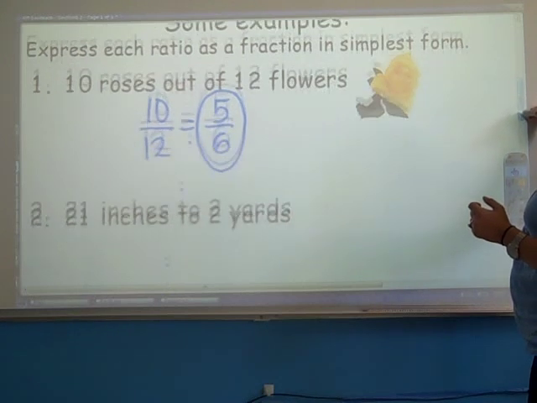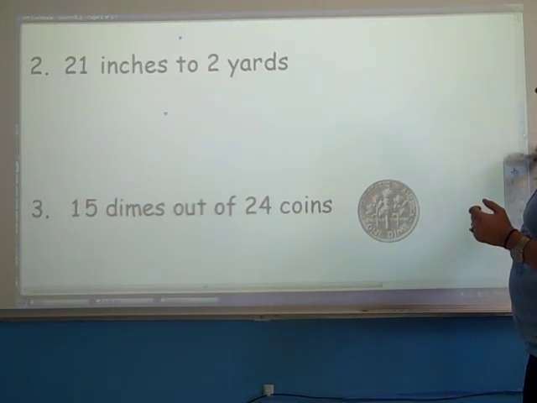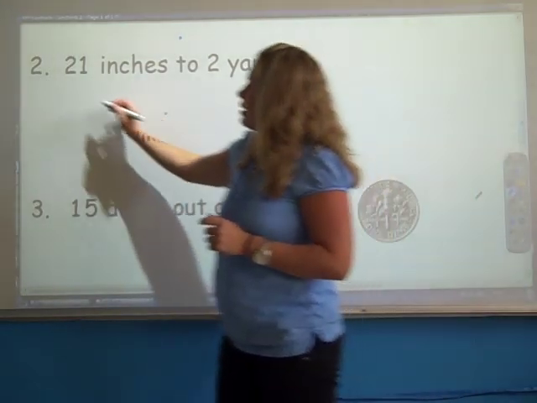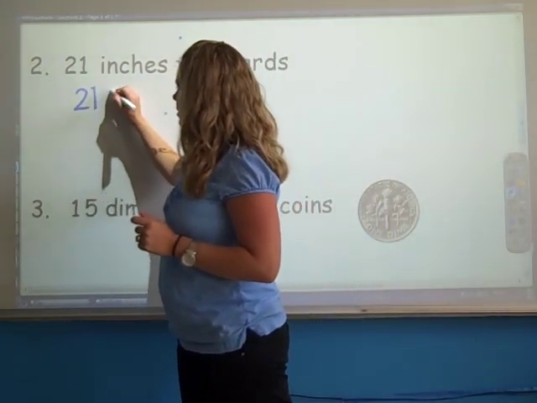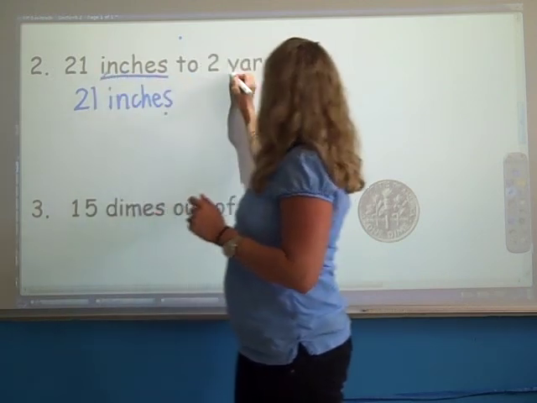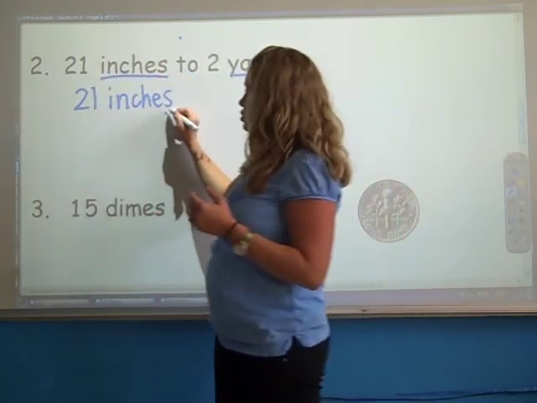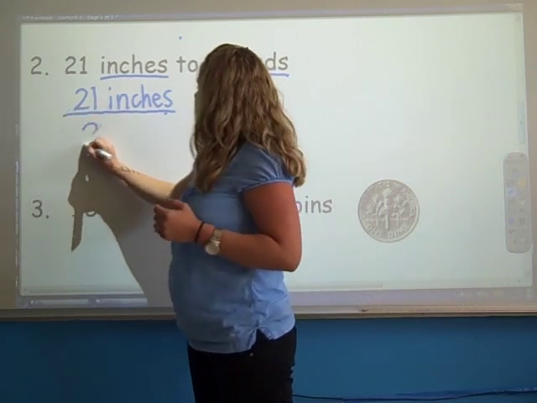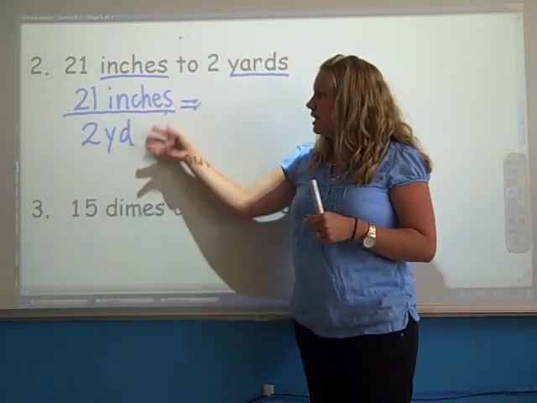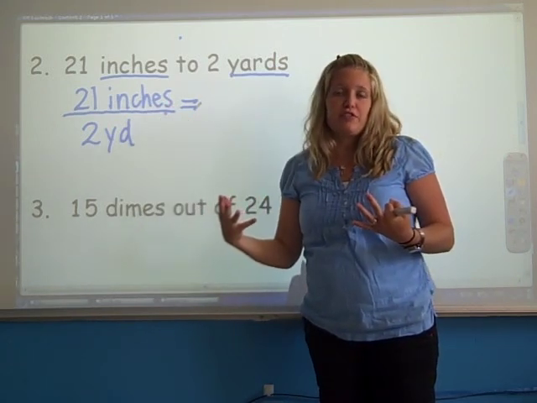All right, let's look at number 2. 21 inches to 2 yards. So I write 21 inches, and I'm going to write the word inches because I know that inches and yards are measurements that I'll be able to change. Once they're the same units, I don't have to write them anymore.